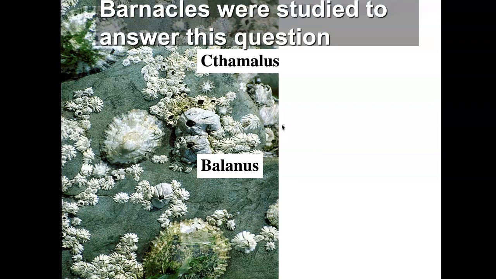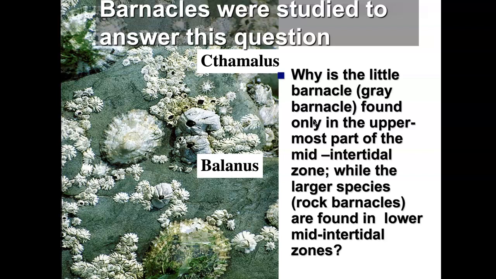And obviously, if you have a more gradual rocky shoreline, this zonation will be more spread out. Barnacles were actually studied to answer this question of why we have zonation. We used what's called the little gray barnacles here.